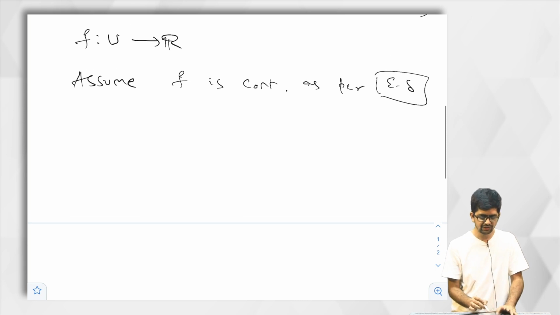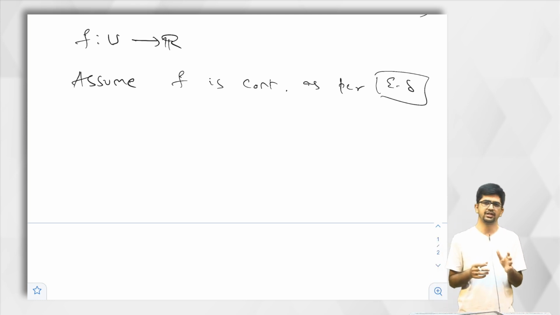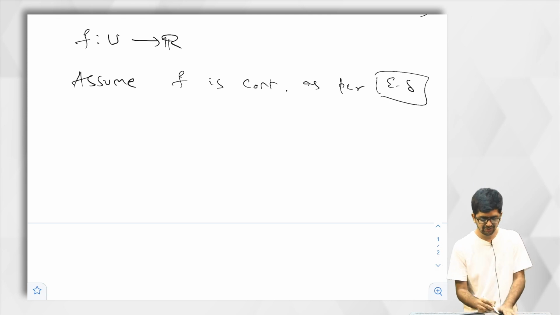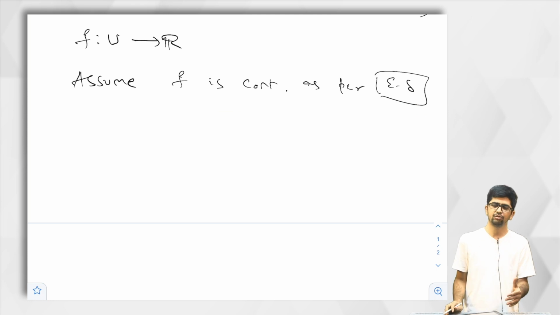Now we are trying to realize whether those two notions, the epsilon delta definition and the sequence version, are really the same. So we are starting with a function f from U to R, assuming it is continuous as per the epsilon delta description. Then we are trying to prove that the sequence assertion is also correct.